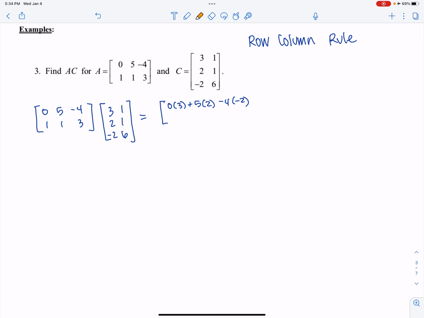Next, we're going to take row times the second column. 0 times 1 plus 5 times 1 minus 4 times 6.